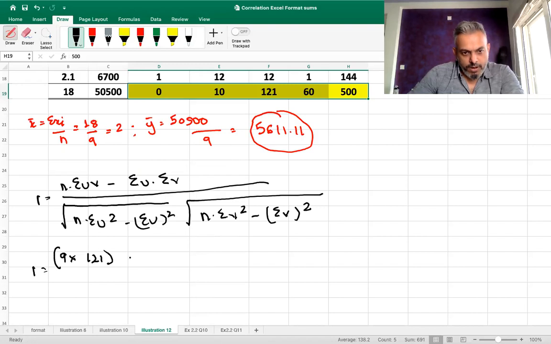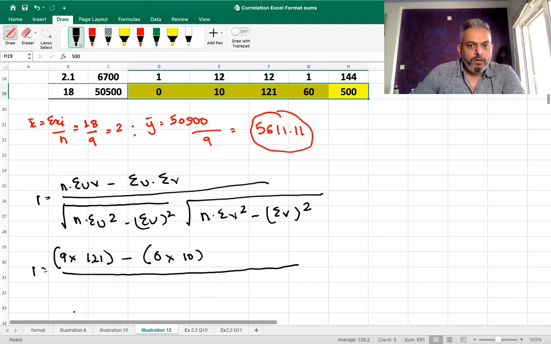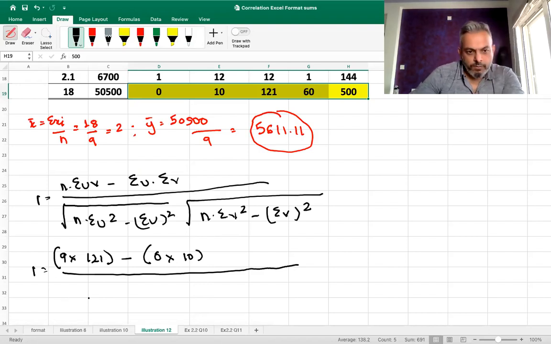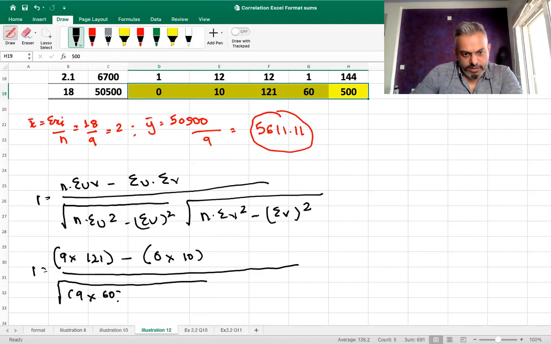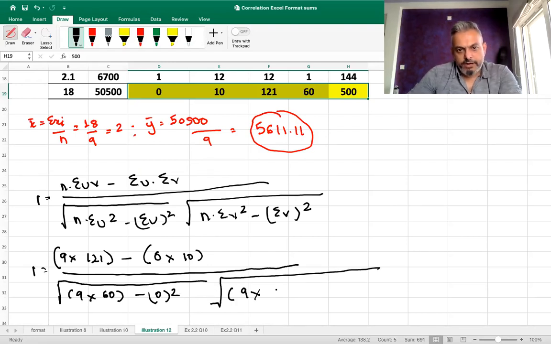So 121 minus sigma U, which is 0, into sigma V, which is 10, whole upon under root of 9 into sigma U square 60 minus sigma U 0 the whole square, under root 9 into 500 minus sigma V 10 the whole square.